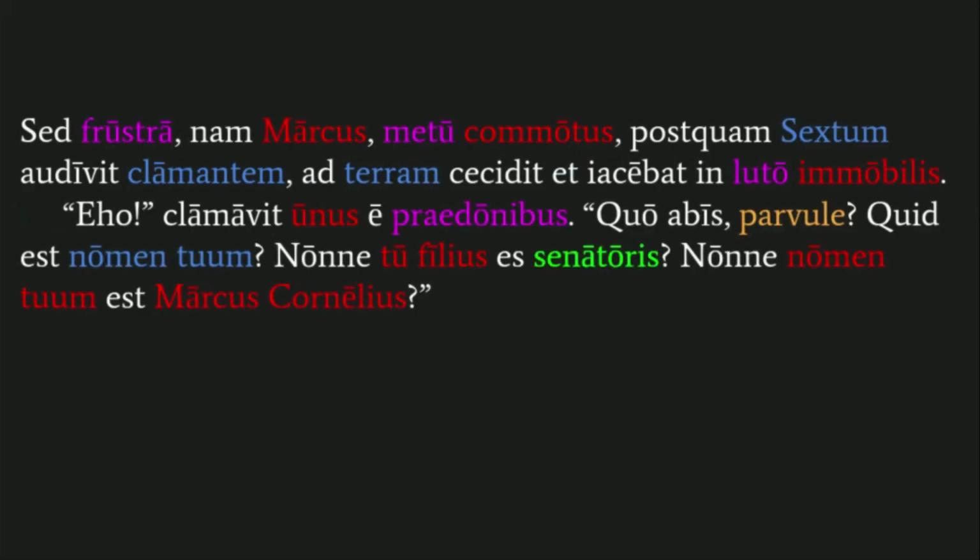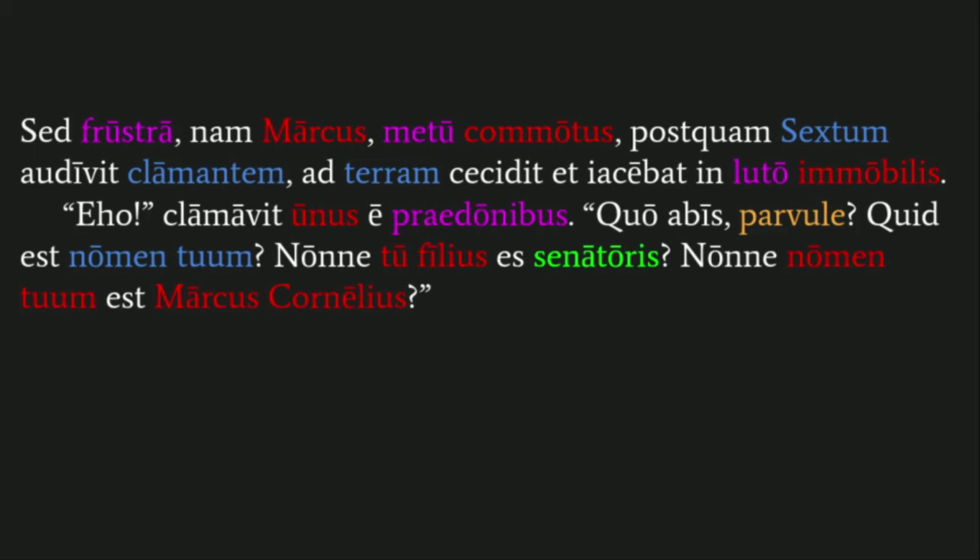Sed frustra, nam Marcus metu commotus, postquam Sextum audivit clamantem, ad terram cecidit, et iacebat in luto immobilis. So a longer sentence, but we can figure it out. It says, but in vain, meaning it was in vain that Sextus shouted, frustra, because Marcus metu commotus. Commotus means moved, like emotionally moved. By what, right? We need an ablative. Moved by fear, metu.